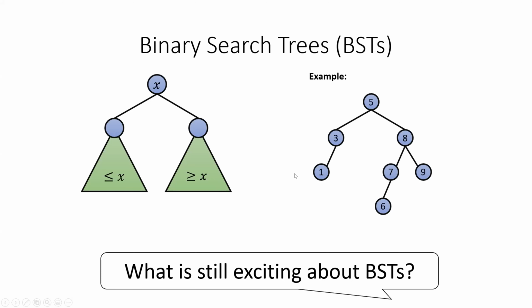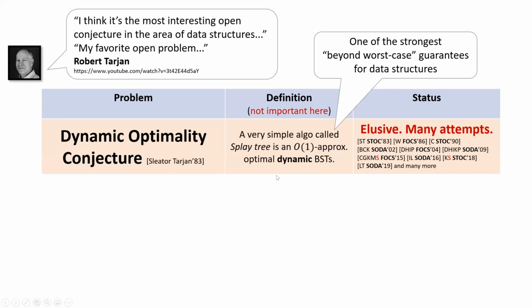So you might ask, what is still exciting about BST? What is there even to do with it? It turns out that there is something I think very exciting, and for Bob Tarjan, it's maybe his most favorite problem.